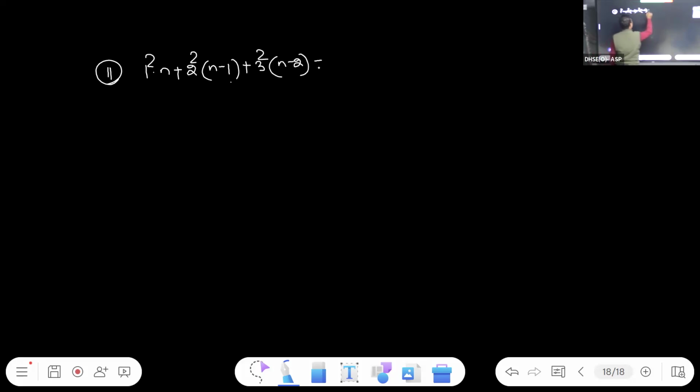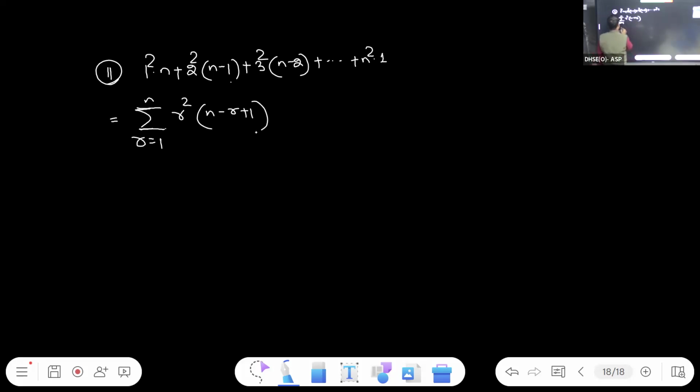Question number 2 is 1 square into n, plus 2 square into n minus 1, plus 3 square into n minus 2, plus up to n square into 1. This is equal to sigma r equals 1 to n of r square into (n minus r plus 1).